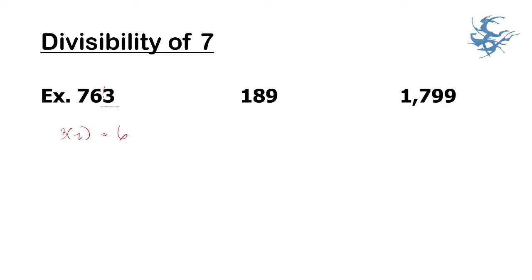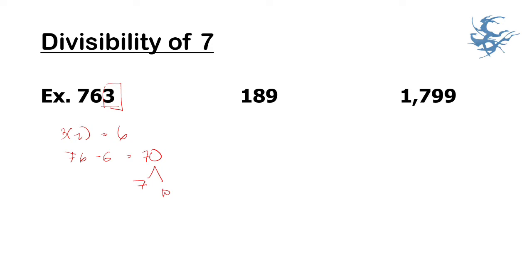Since kinuha na nga natin yung 3, yung maiiwan na lang is 76. So, 76 minus 6, we're gonna get 70. And obviously, this is a multiple of 7, right? Because technically, it's just 7 times 10.